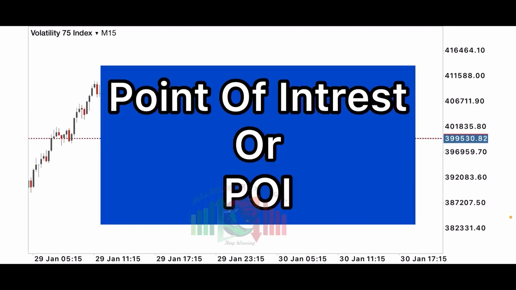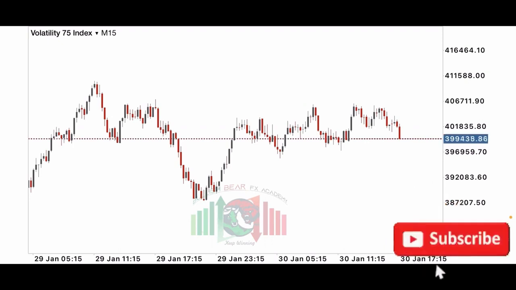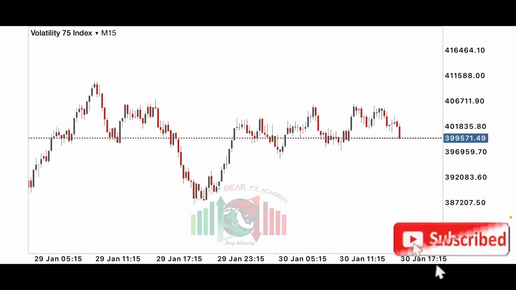I believe you must have seen a lot of screenshots where people write POI. POI simply means point of interest. And what is the meaning of point of interest? Point of interest simply means the area where a trader intends to place an entry, the area where a trader intends to buy or sell.